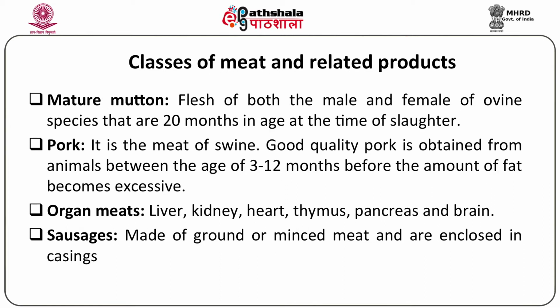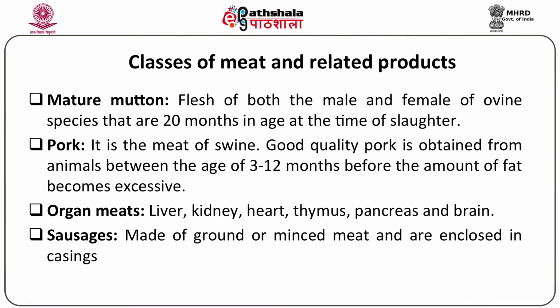Now the mature mutton is the flesh of both the male and the female ovine species that are over 20 months in age at the time of slaughter. So the mutton is actually obtained from the young sheep. The mature mutton is obtained from the sheep that is quite older in age.